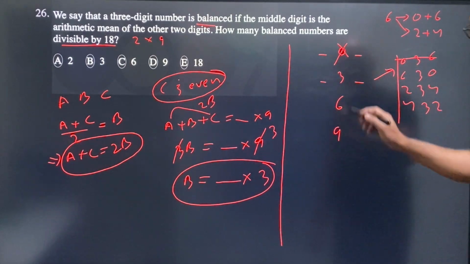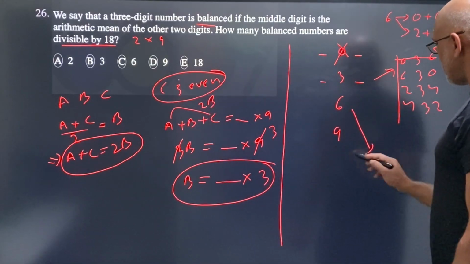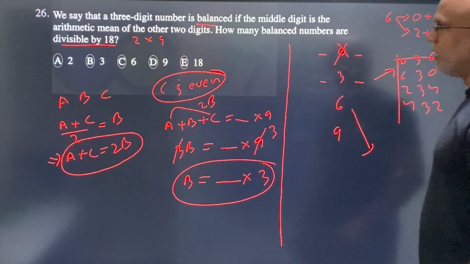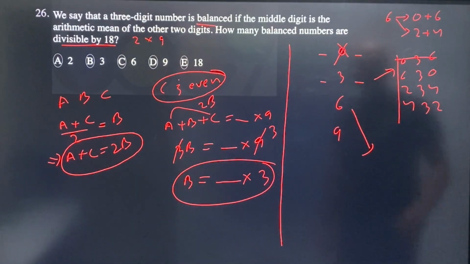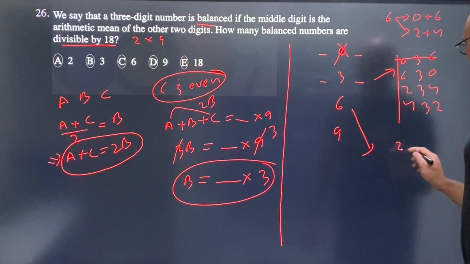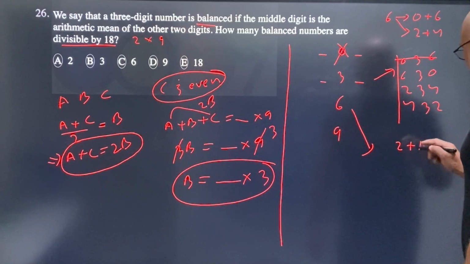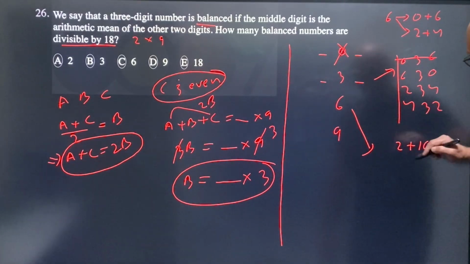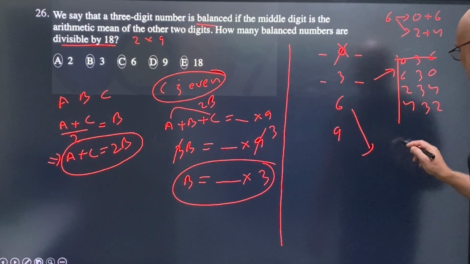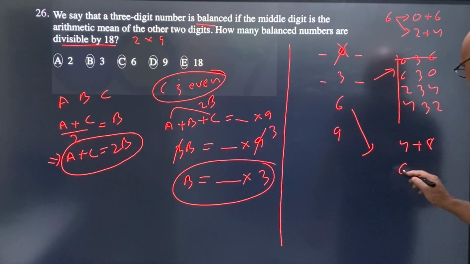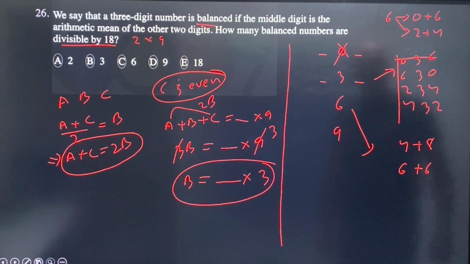Okay, now if it is 6, the sum of these two digits has to be 2 times 6 is 12. So how can I get 12? I can get 2 and 10, but I cannot have a two digit number, so it's not going to work. So it has to be 4 plus 8 or 8 and 4, and then 6 plus 6, right?